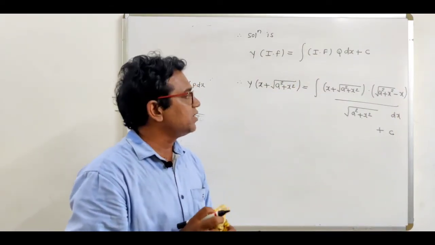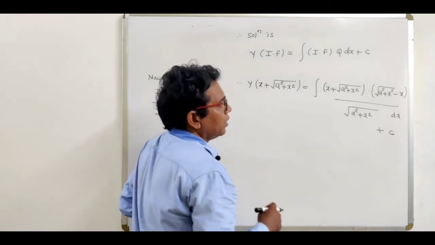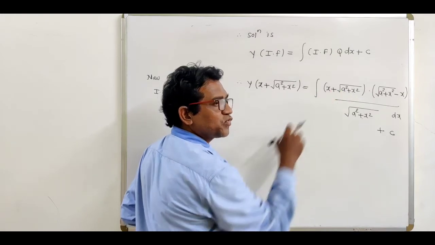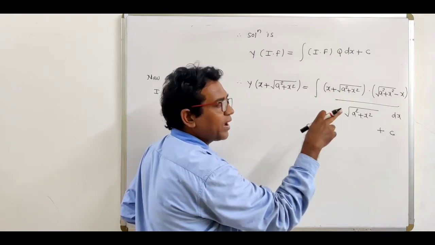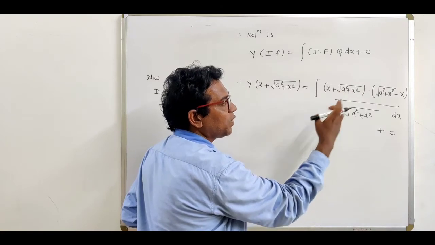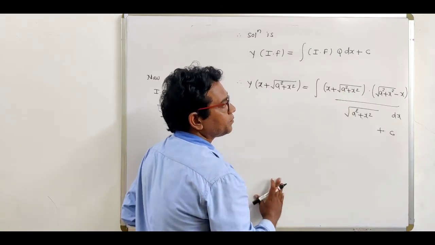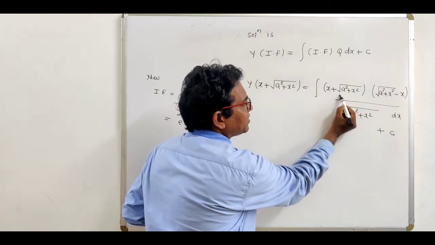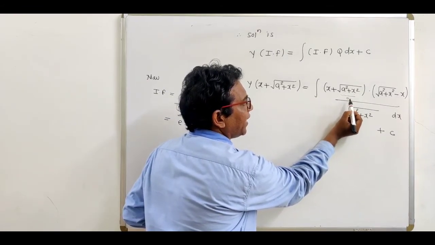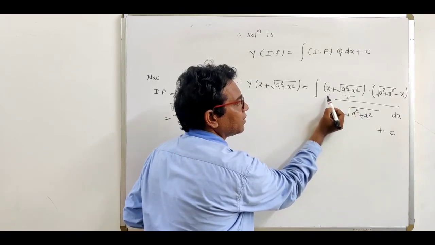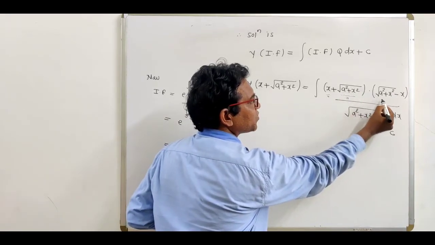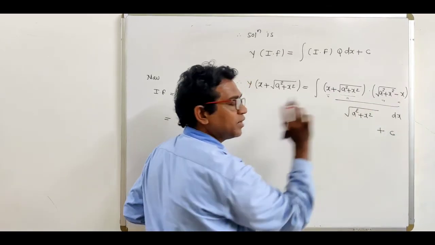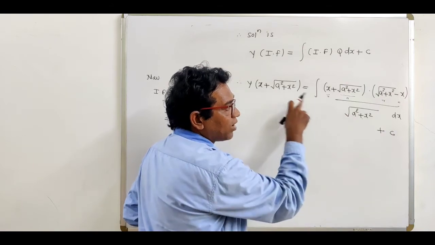Now see how to find this integral. The first bracket is x plus under root a square plus x square, and the second bracket is under root a square plus x square minus x. Suppose we denote under root a square plus x square by A, and x by B. So what is this pattern?